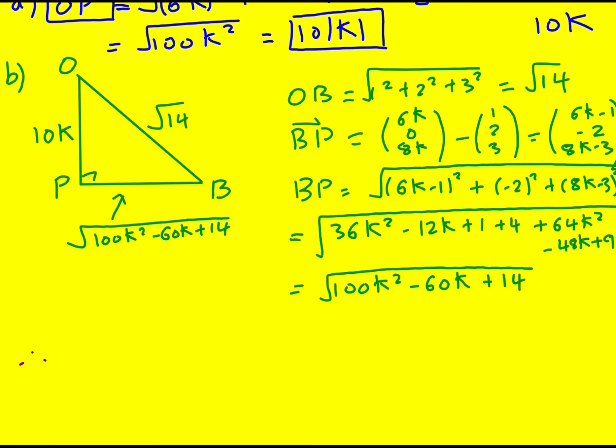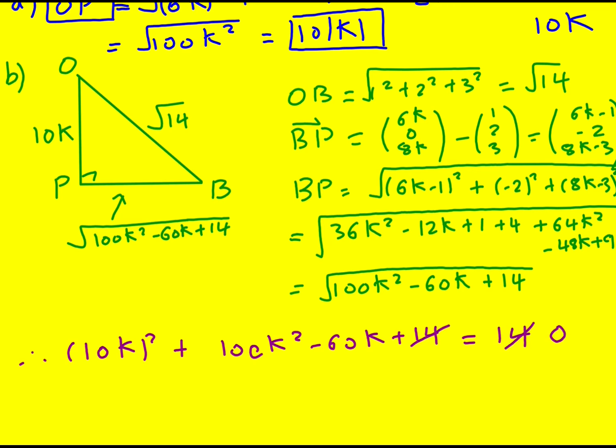So therefore, 10K squared plus this one squared, which I can just get rid of the square root, 100K squared minus 60K plus 14, is going to equal 14. Right, the 14s cancel, that's really good. I've then got 100K squared plus 100K squared minus 60K equals 0.